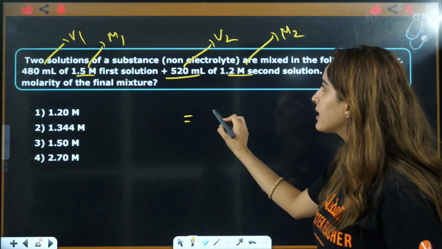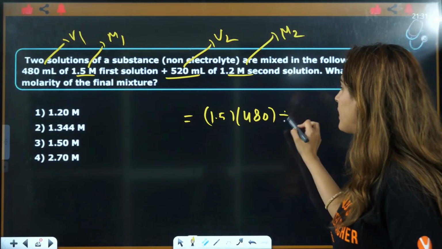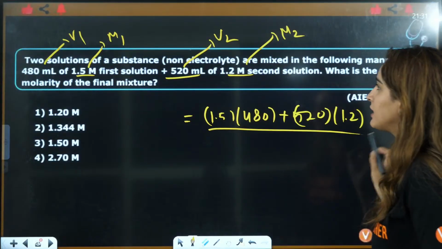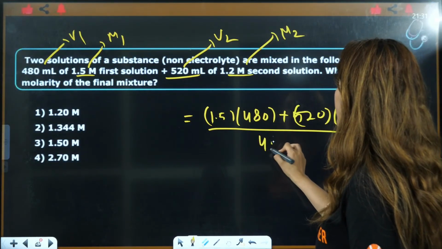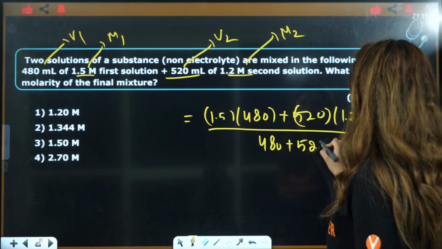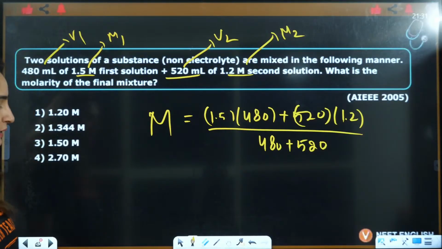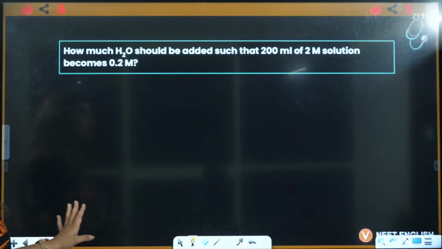So just put this here. M1 is 1.5 multiplied by 480 plus 520 multiplied by 1.2, divided by, as two solutions are mixed, 480 plus 520, and you will get the molarity, right? This is all you have to do here, right?